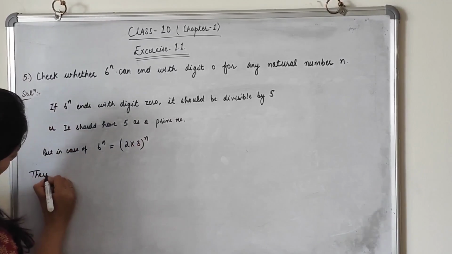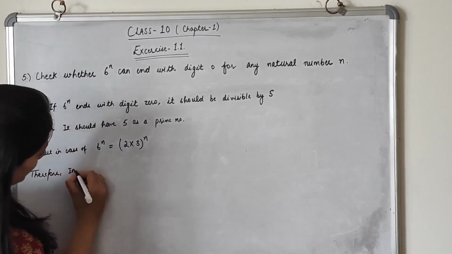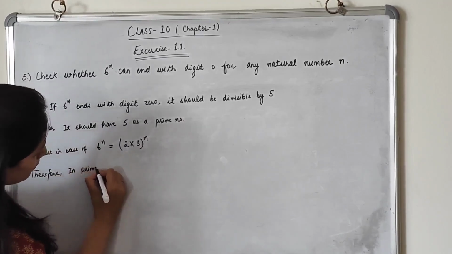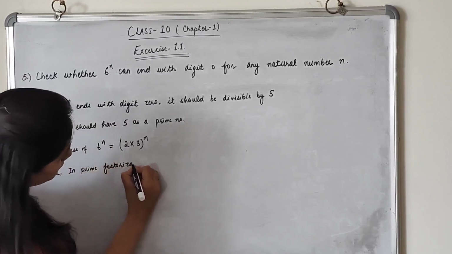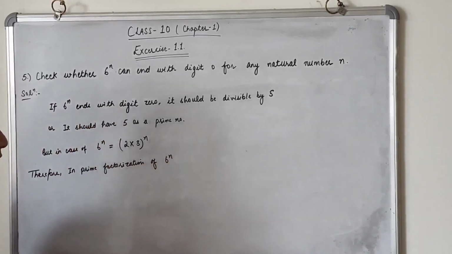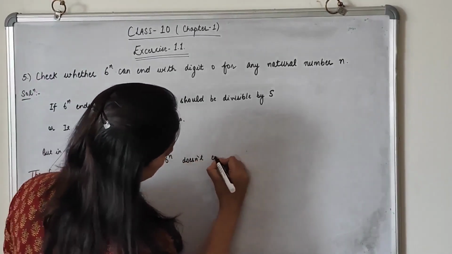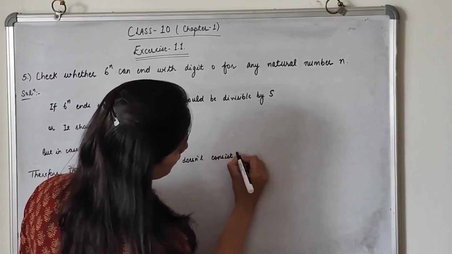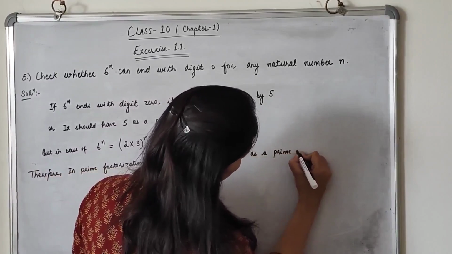Therefore, in the prime factorization of 6 raised to power n, 5 does not appear as a prime factor.